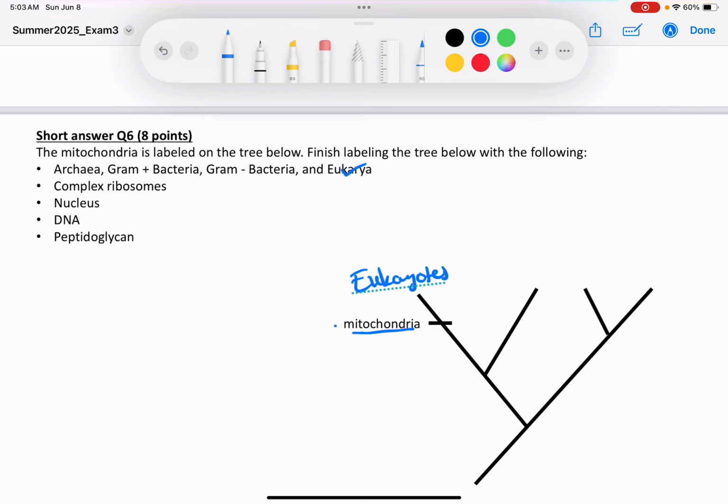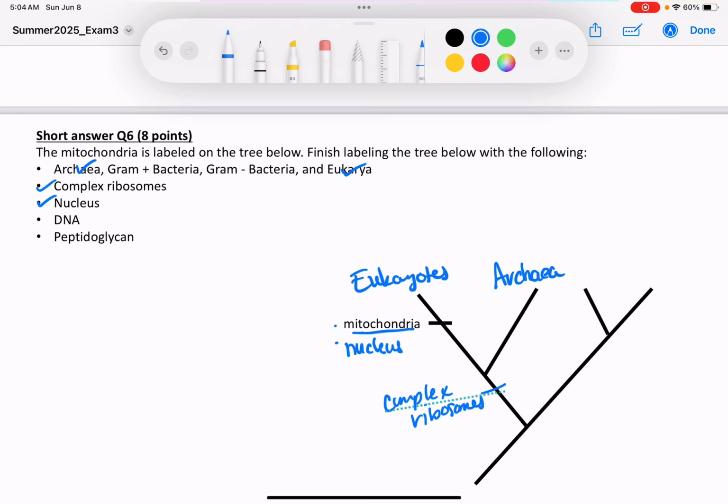And I know that they also have a nucleus. So I'm going to add that there. And then their closest is going to be the archaea because they share things like complex ribosomes. So I'm just going to add complex ribosomes.